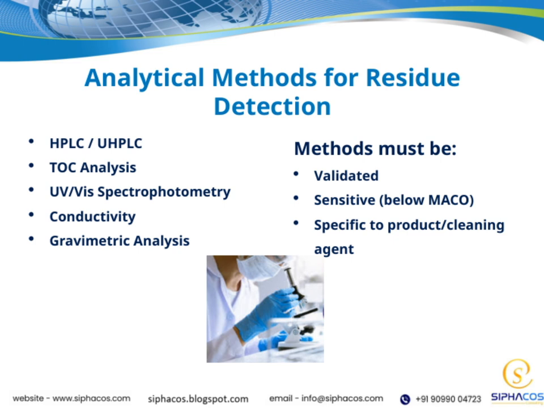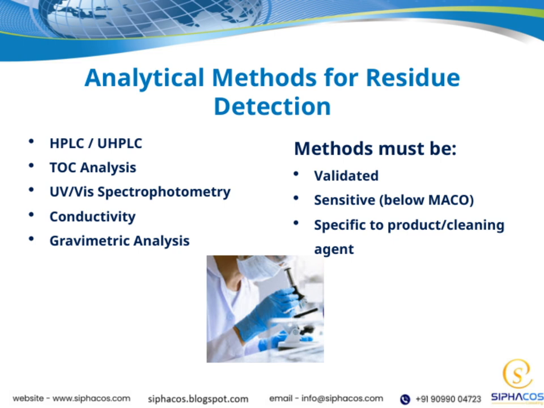Popular analytical techniques include HPLC or UHPLC, which are highly precise for separating compounds. TOC analysis helps us measure organic carbon content, giving insight into organic residues. UV/Vis spectrophotometry is useful for detecting specific compounds based on their light absorption.